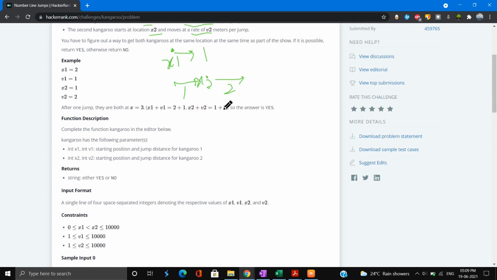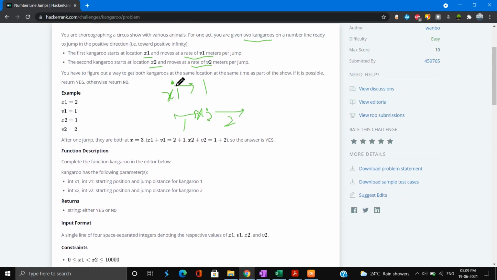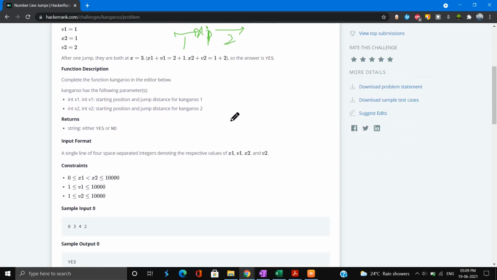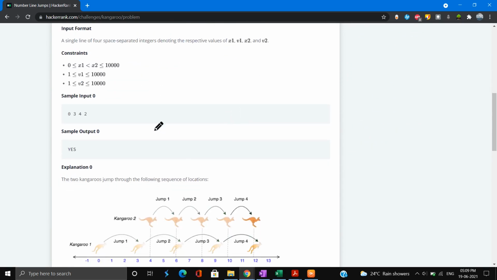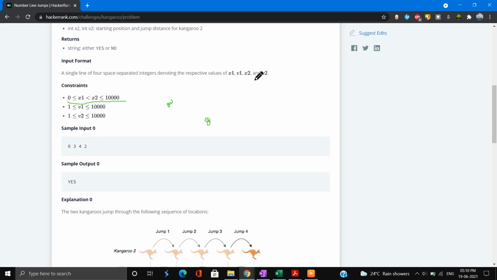Sorry, I have drawn it a bit incorrectly. This one will be x1 and this one x2. In the initial question we are always given the constraint that x1 is less than x2, so the first kangaroo will be at a smaller distance than the second kangaroo's, which is x2. And then we are also given the inputs v1 and v2.